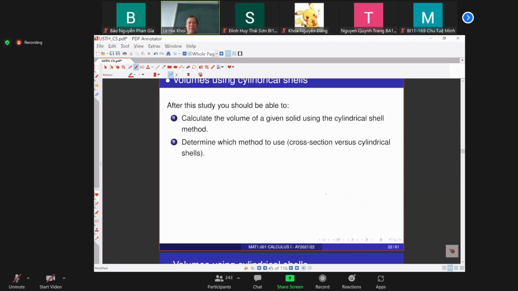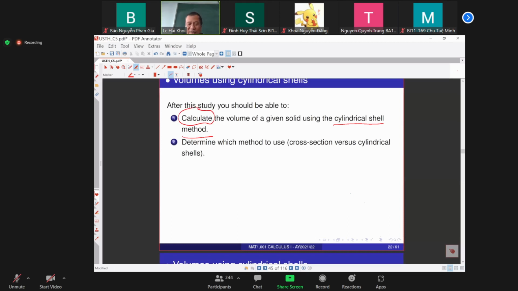Cross-section method. And now we move to the second case. We compute volume by using cylindrical shells. What is it? First, you should understand what the method is, and then you use the formula to calculate it.